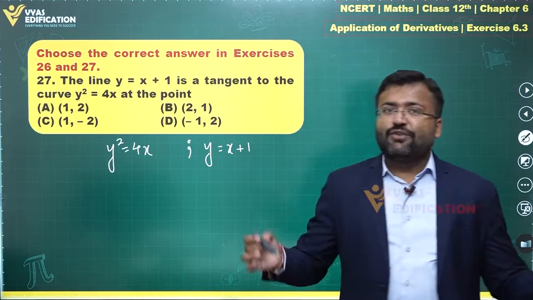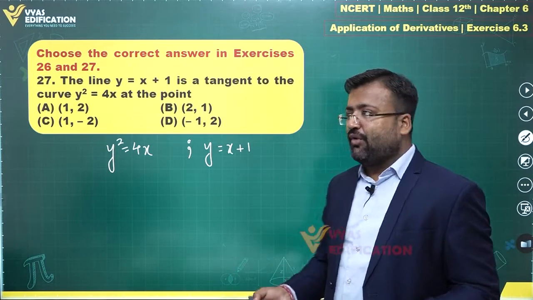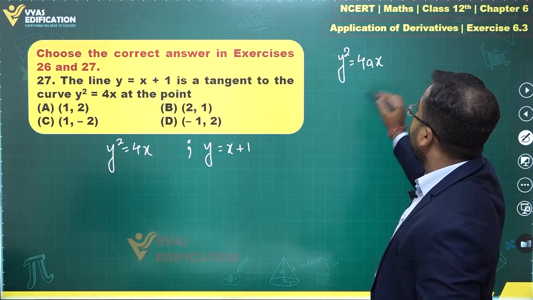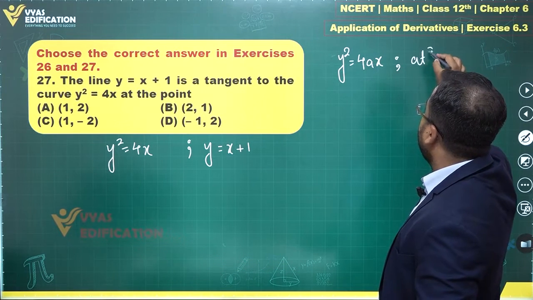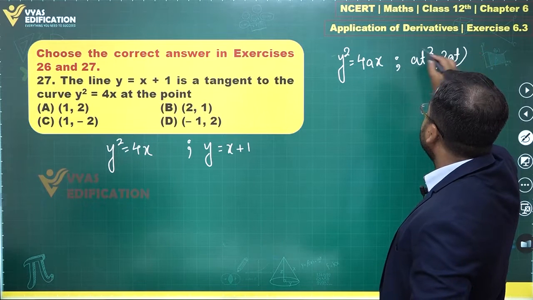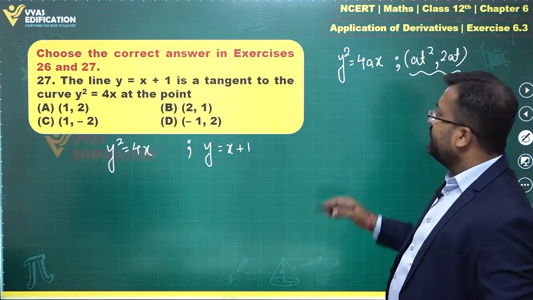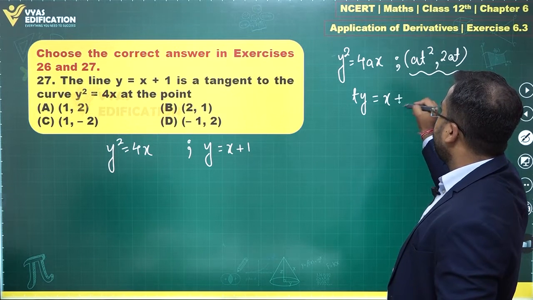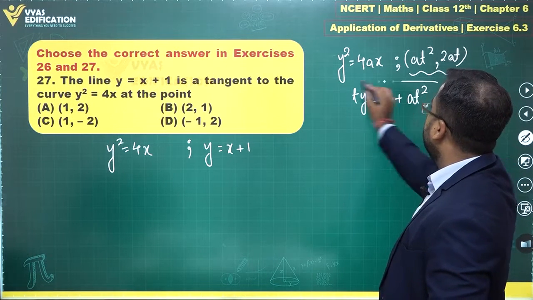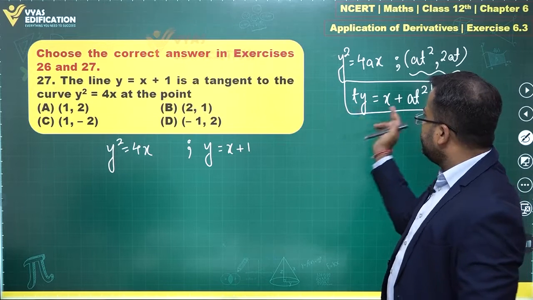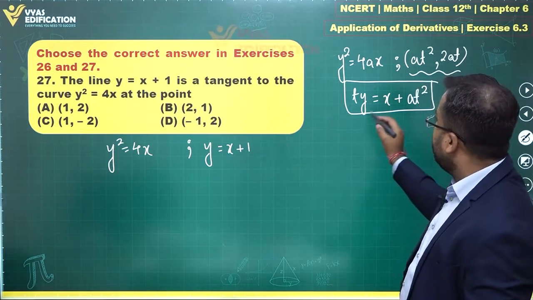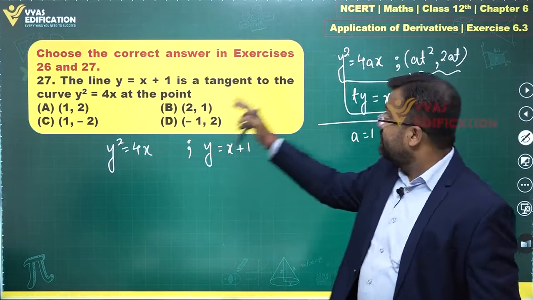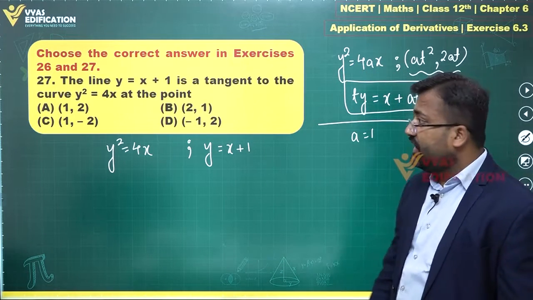Now one of the ideas, if you remember the tangent for standard parabola, what's the equation of tangent for standard parabola y square is equal to 4ax at the point at square comma 2at? This is a parametric point on this curve. X equals this, y is equal to this. The equation of tangent in one of the questions we have derived as this. And comparing these two, do you observe that first of all, a is equal to 1 over here, since 4ax and a equals 1 over there, right?